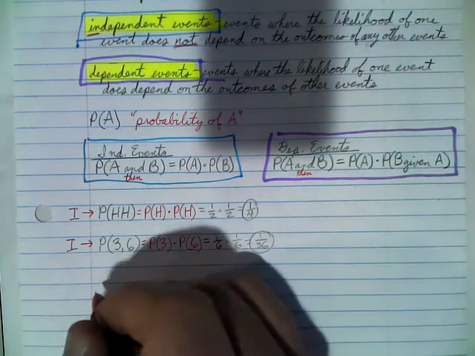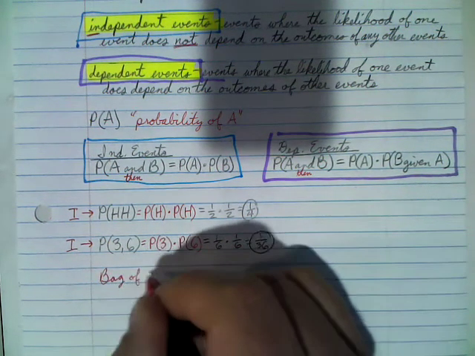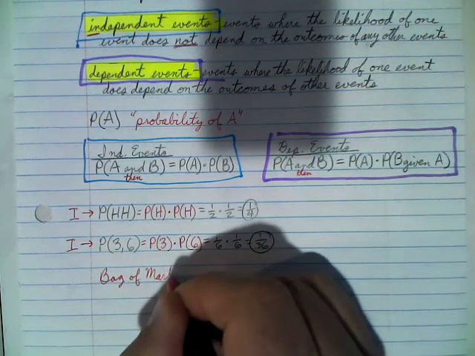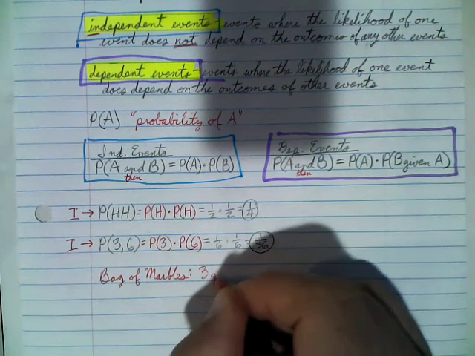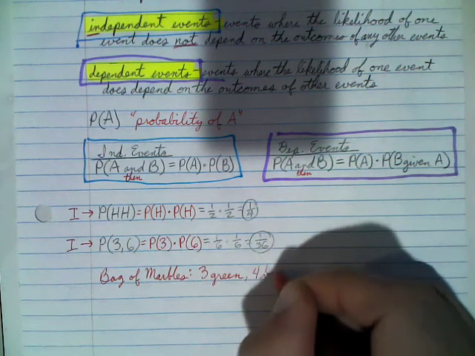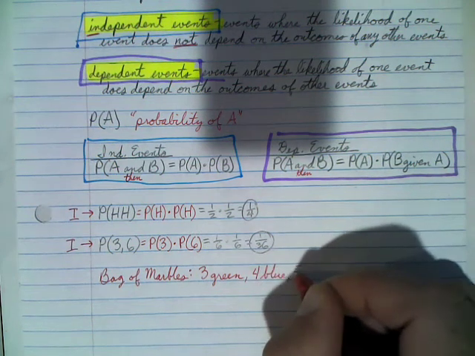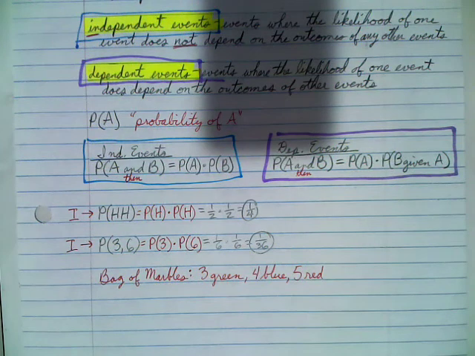So now for the sake of example, let's say we had a bag of marbles. And in our bag of marbles, we have 3 green, 4 blue, and 5 red. And we're going to pull 2 marbles out of the bag.